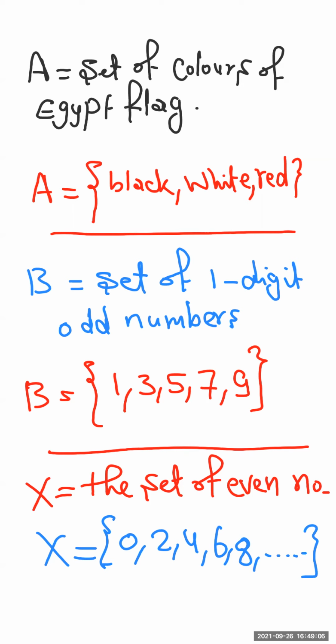So 0, 2, 4, 6, 8, then on the same pattern 10, 12, 14, 16, and so on. So this is how to represent the set of even numbers, okay, guys? Because there is no condition here. It's not mentioned in the question that it's less than 10 or less than 20. No, here it's generally the set of even numbers. So I have to write 0, 2, 4, 6, 8, and so on, then you can continue like that. So this means on the same pattern. Okay? Are we clear till this one?